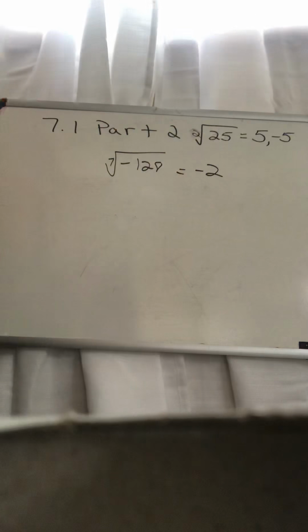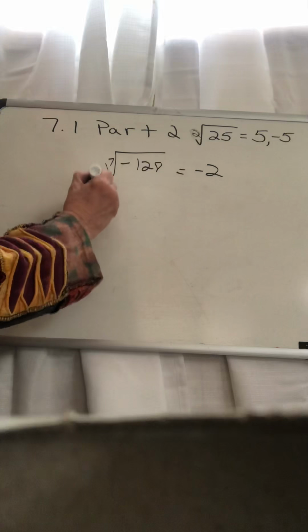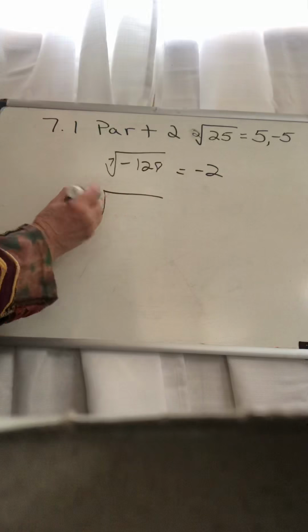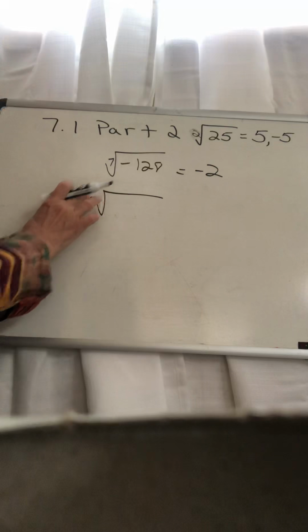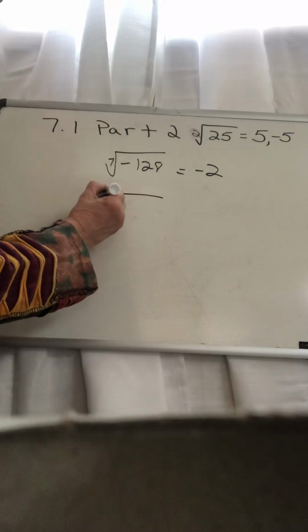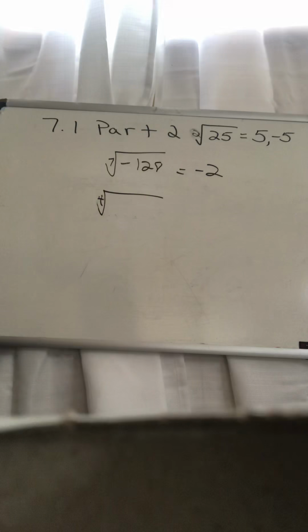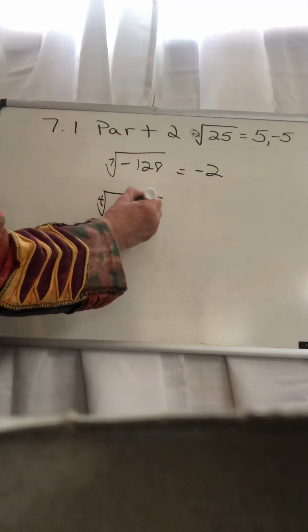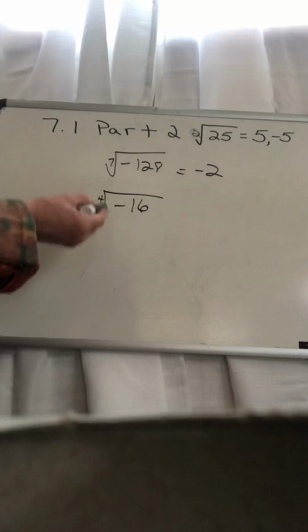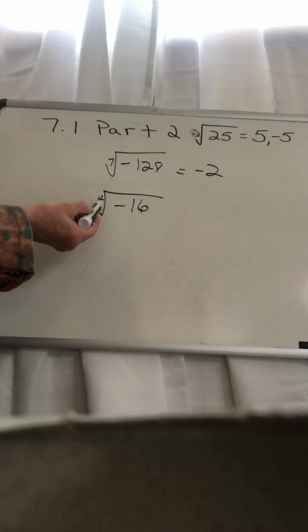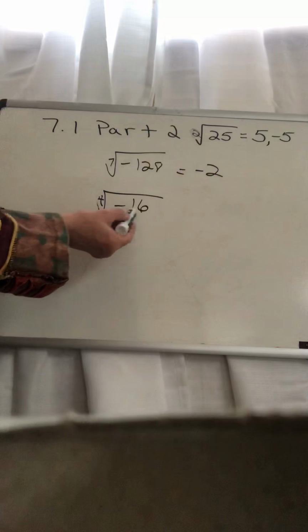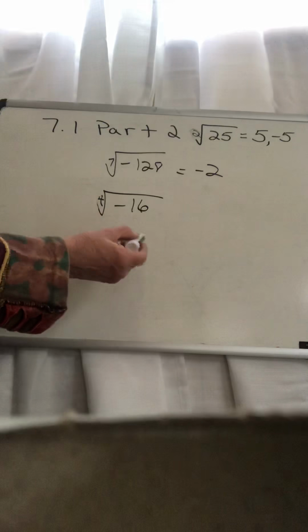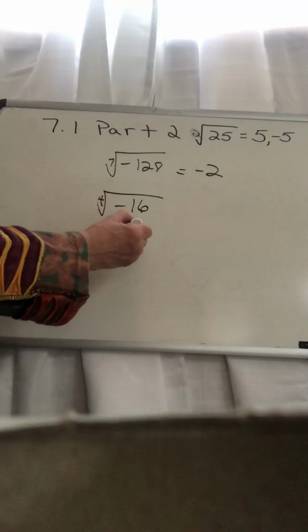When it's an odd root, like 7 is an odd number, the index, then our answer is going to be negative. All right, so example 3, we have an even index, I made that ginormous. There we go. And we have a negative 16 as our radicand. So this is an even number. This is a negative radicand, which can't be done.